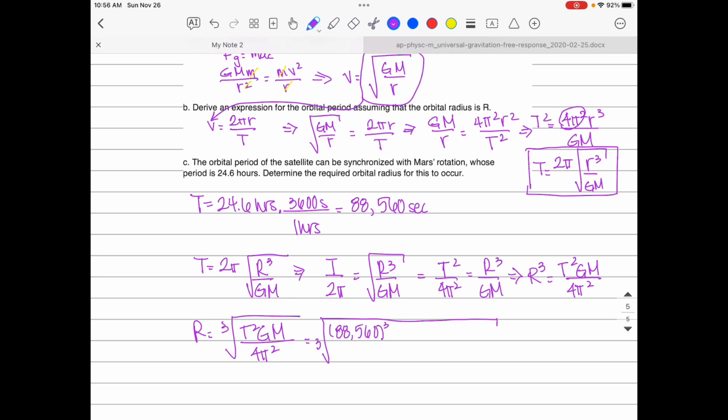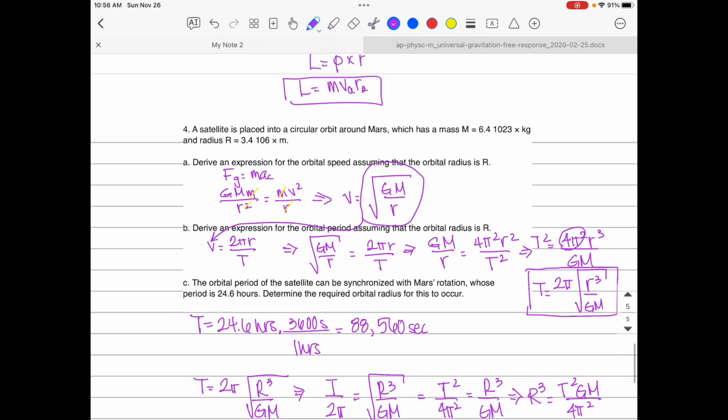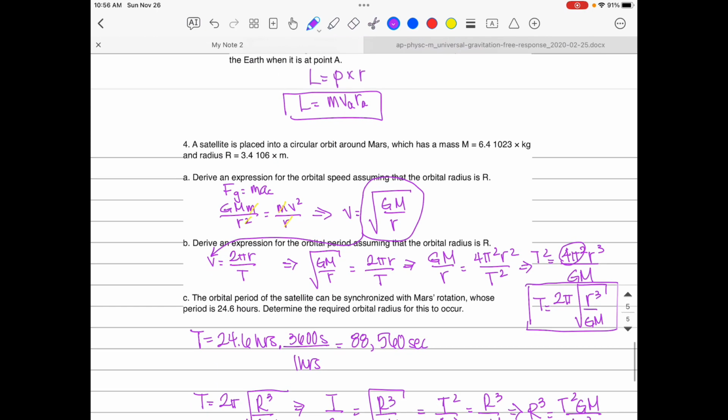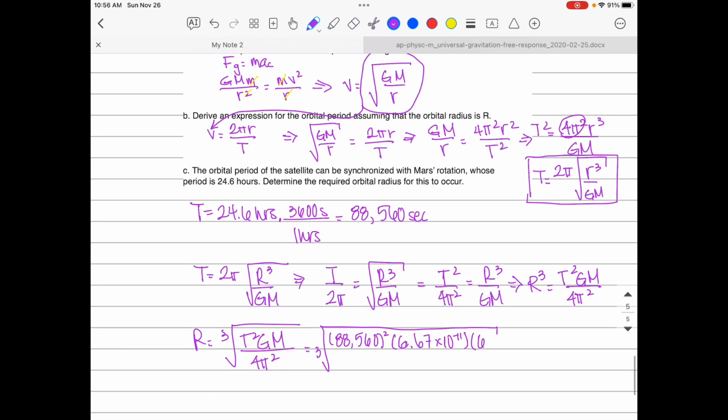If I plug all of those values in, my period is 88,560 squared. G is 6.67 times 10 to the negative 11. The mass of the Earth is 6... Is this the Earth, or it's Mars actually? The mass of Mars is 6.4 times 10 to the 23rd power.